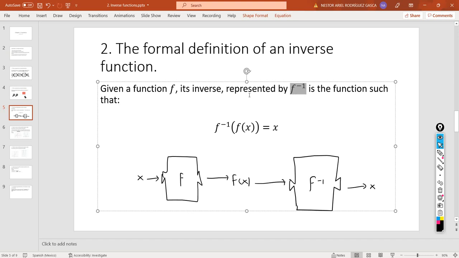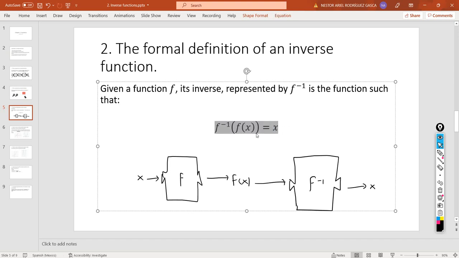That's how we read it. And this function is the function that fulfills this equation. I know it looks kind of creepy or scary, but it's not. What is this telling you? If you evaluate f inverse at f of x, you will get x.